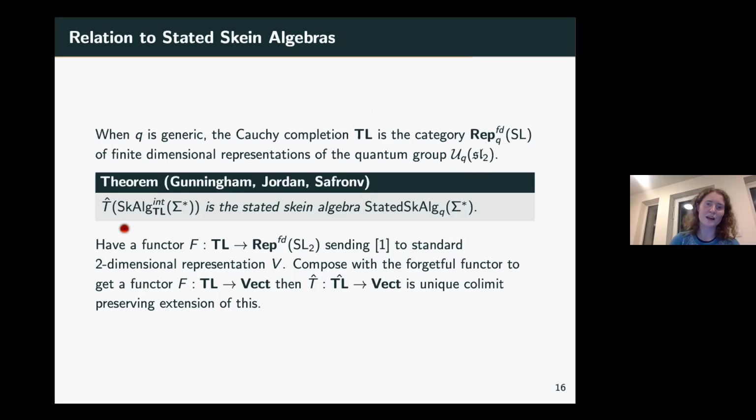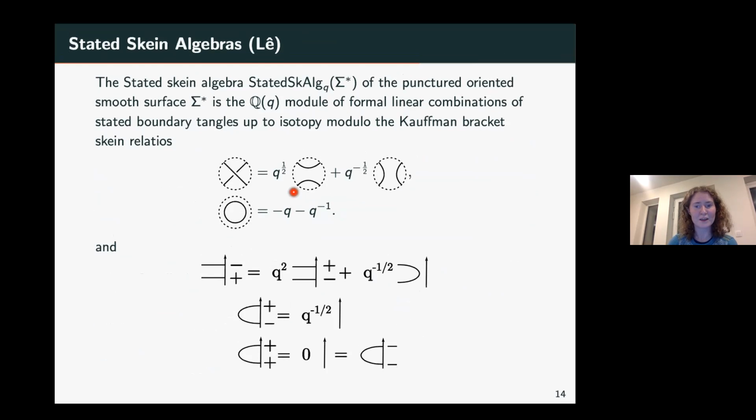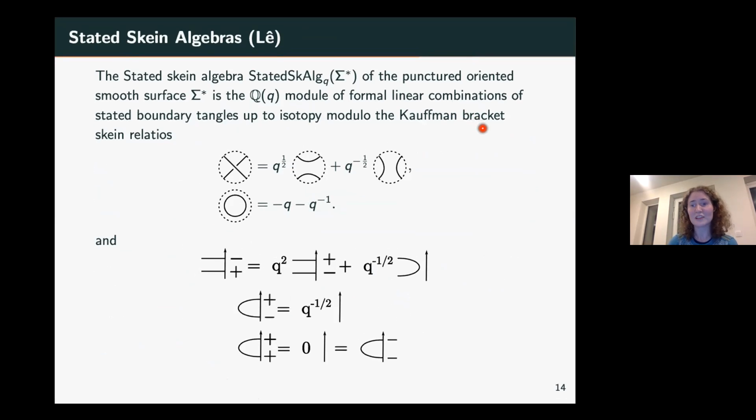So the point is we have that this Temperley-Lieb internal Skein algebra, the Skein category when you basically only have one point, is just this stated Skein algebra with these generators and relations here.